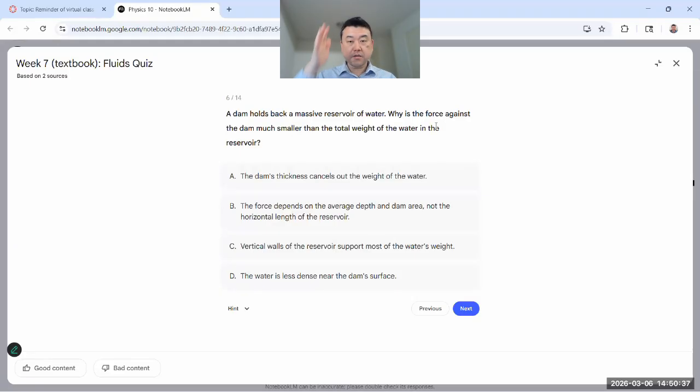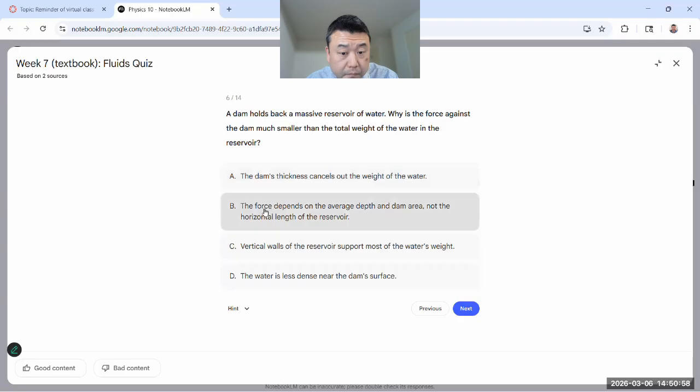But the force against the dam, because the pressure at the top is 0 and at the bottom is a full rho gh, there's an averaging effect. There's a factor of a half that comes from that, and the area concerned is the area of the dam, which would be a lot smaller than the area of the reservoir.